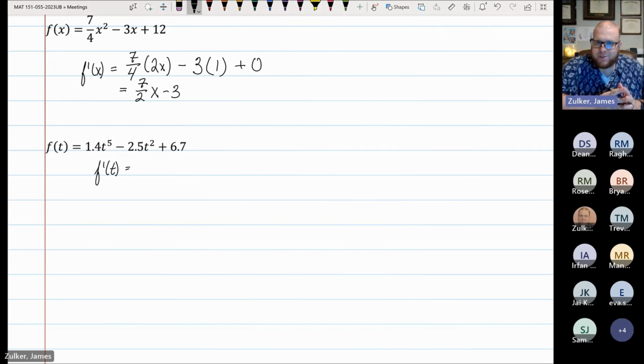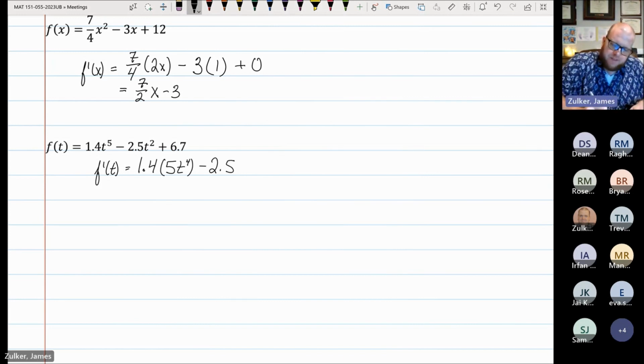Again, we go term by term. We'll have 1.4 times the derivative of t to the 5th. By power rule, that's 5t to the 4th. Minus 2.5 times the derivative of t squared.